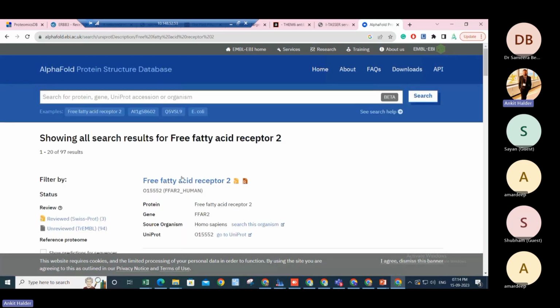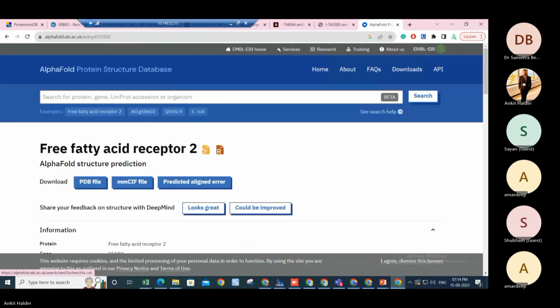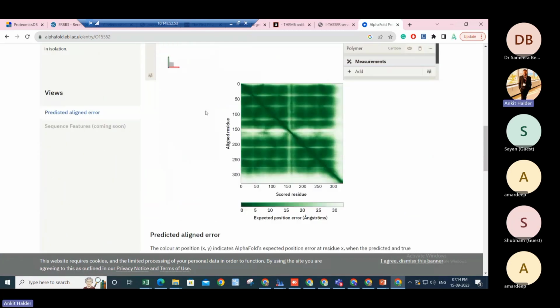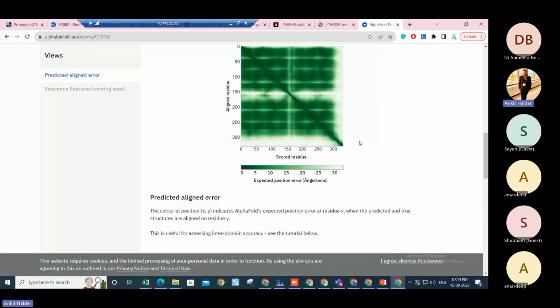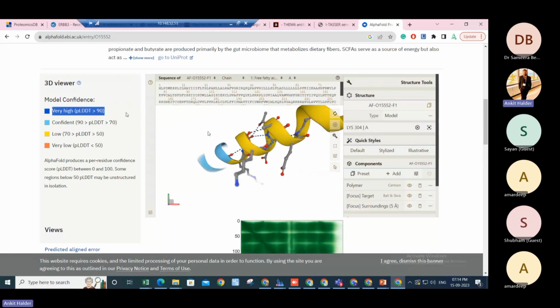So if you go here, it gives you the expected position error. This is one thing you need to keep in mind when you get the structure: how much is the confidence level. If you look into it very carefully, it will show whether it is very high confidence, low, or very low.